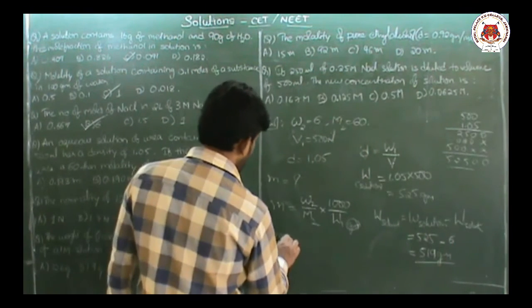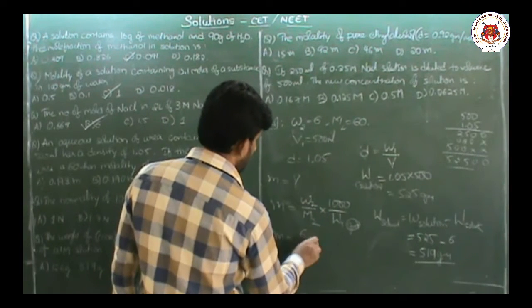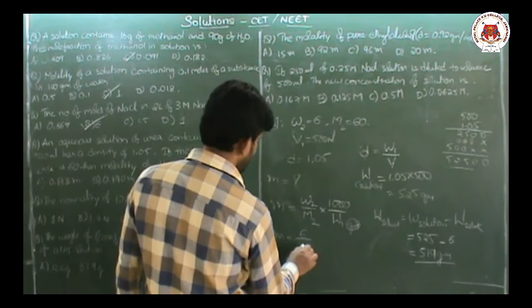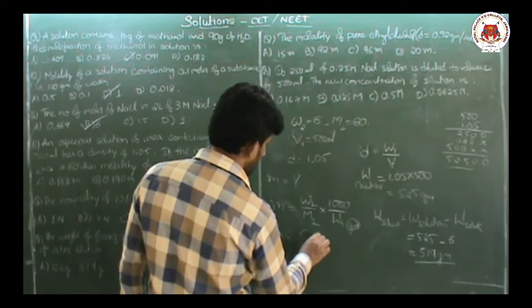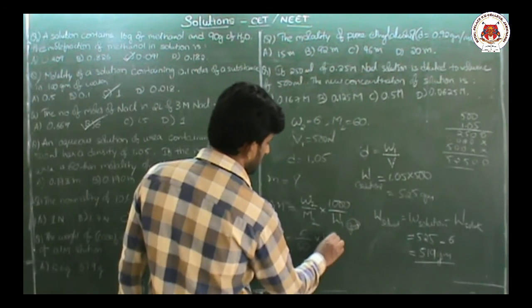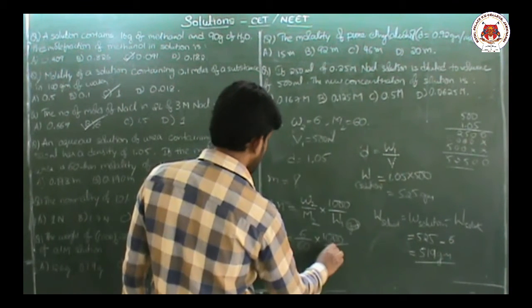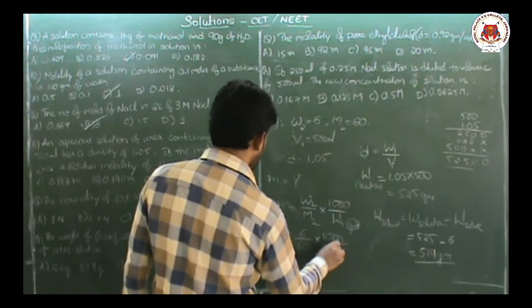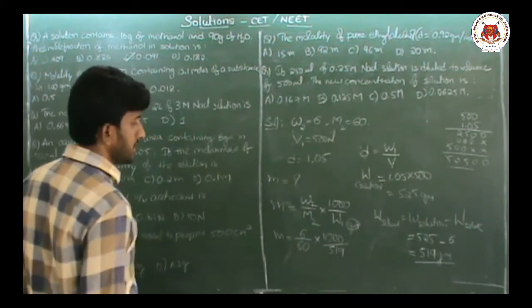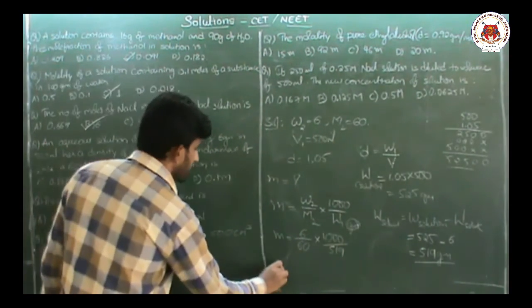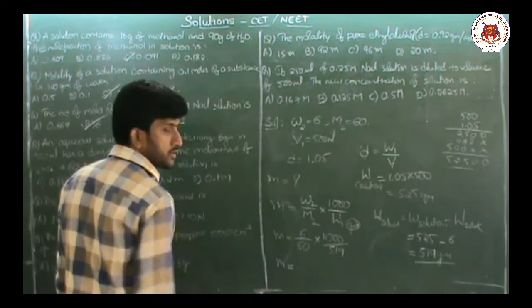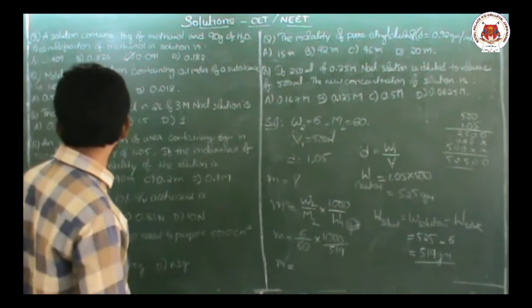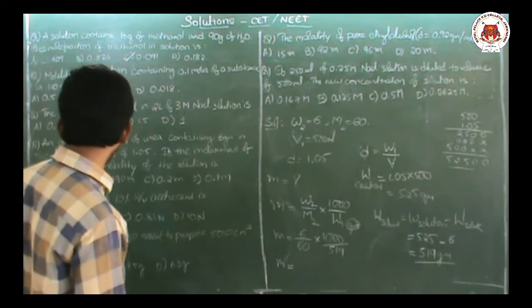So I am substituting. Molarity is equal to weight of solute is 6, molecular weight is 60, 1000 by 519. So this will be the molarity of the solution.